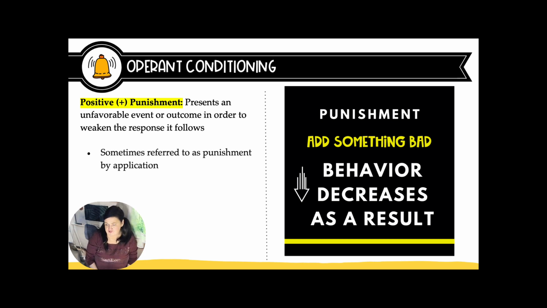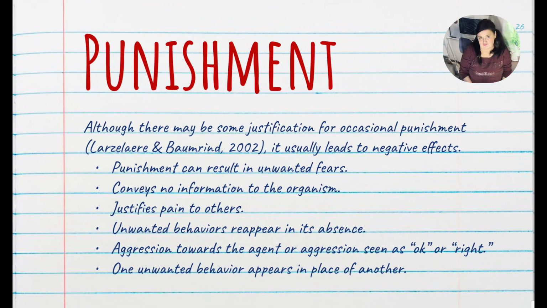So there are some justifications for occasional punishments, but usually punishments lead to negative effects. Punishments can result in unwanted fear of people that you're supposed to trust. It can confuse the organism or the child or the pet or the seal. It also might feel like you're justifying the ability to inflict pain upon others, and that's not good.